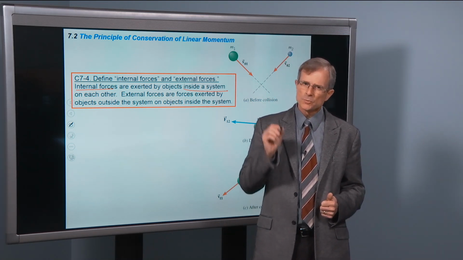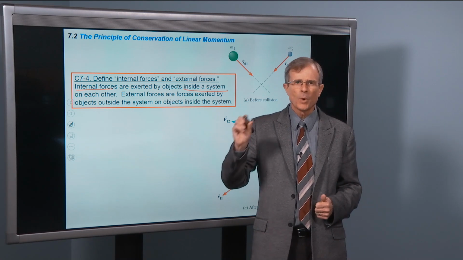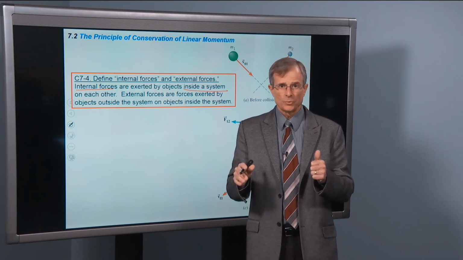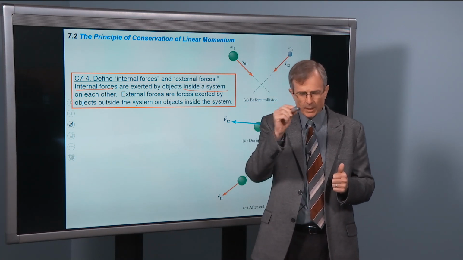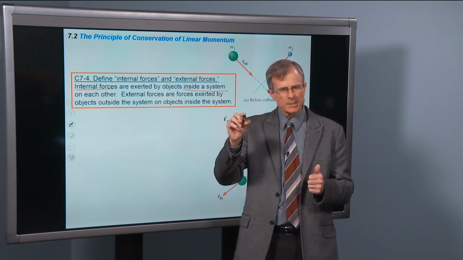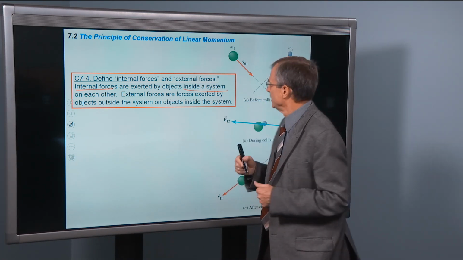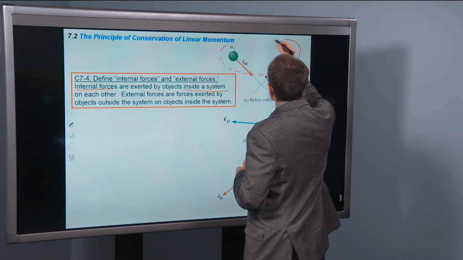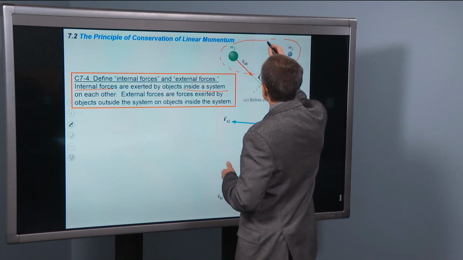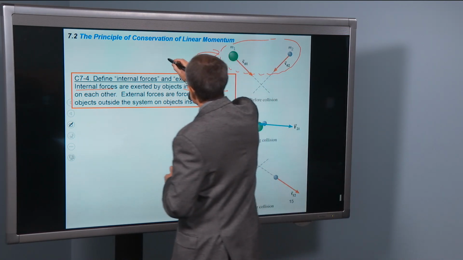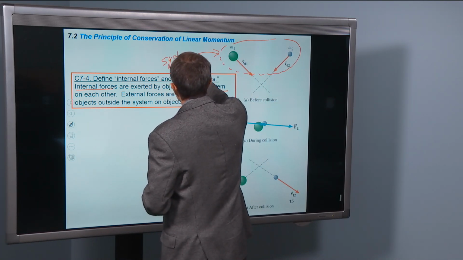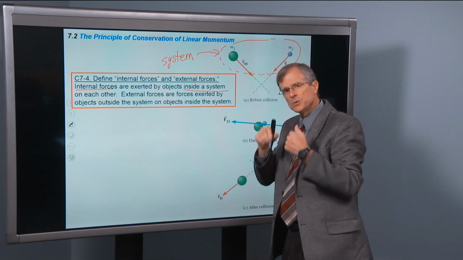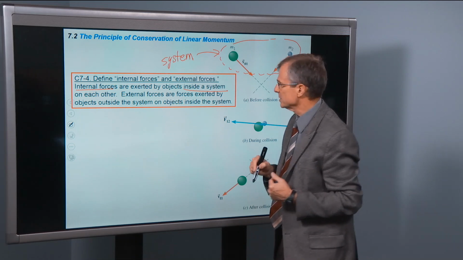And so what we'll do is we'll draw a dotted line around whatever we consider to be inside of our system. Usually, that dotted line will include the two objects that are hitting each other. So, if I draw a dotted line around these two objects, that means that these two objects are in my system. They're under consideration. Any forces between those two objects are called internal forces.